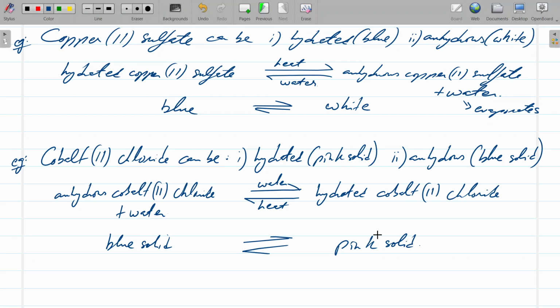Now, I'll stop here. What we are left with is talking about ammonia, the industrial production of ammonia. And along with that, we will talk about equilibrium: what equilibrium is, what it means, and how it is affected.